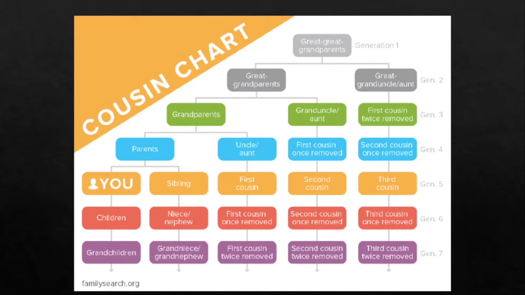So when you look at Ancestry or FamilySearch, they will be using these terms. I know it can take some practice, but once you understand that degree is side to side and removals are up and down from your generation, it starts to fall into place a little better.